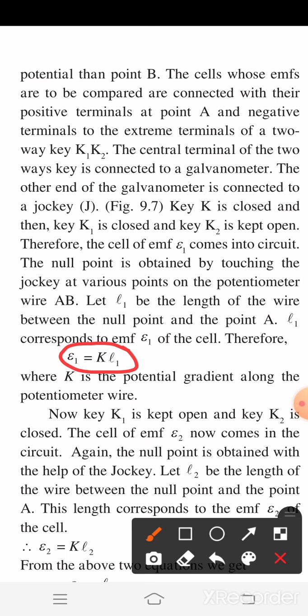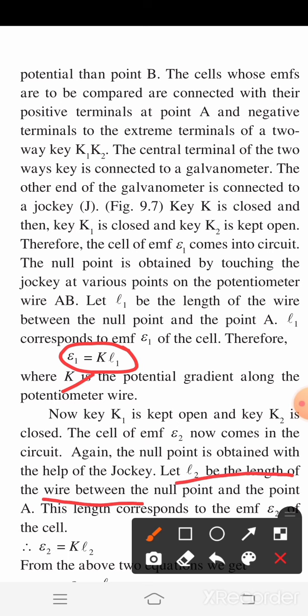Again we touch the jockey at different points of wire AB, and we get a single point on wire AB at which the galvanometer shows zero deflection, that is the null point. We measure the length of that null point from the higher potential point A, that is L2. Let L2 be the length of wire between the null point and the point A.